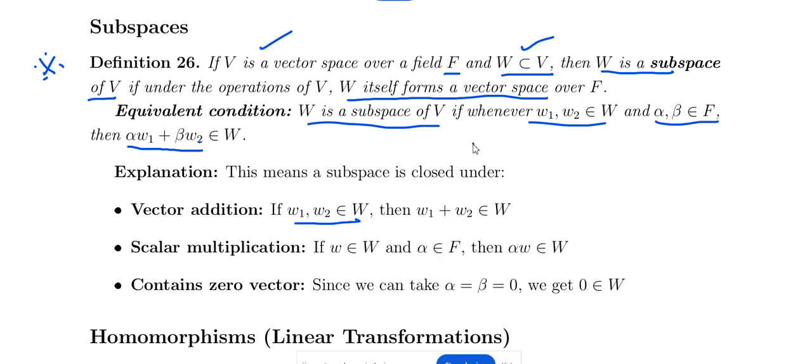The same way here is subspace. So alpha v1, that is scalar multiplication, we define here. When you combine scalar multiplication and closure, that is alpha w1 plus beta w2 should belong to W. This is a very important definition.